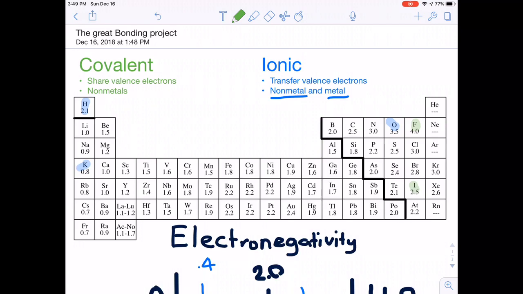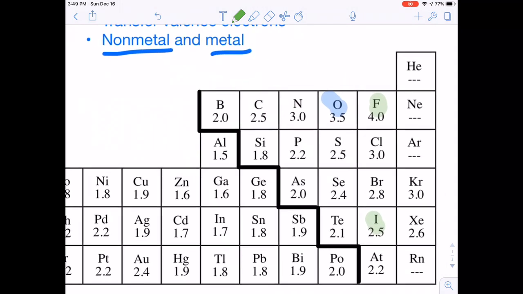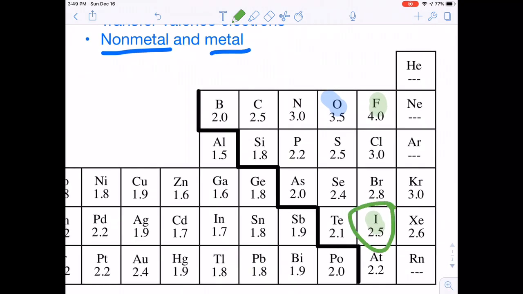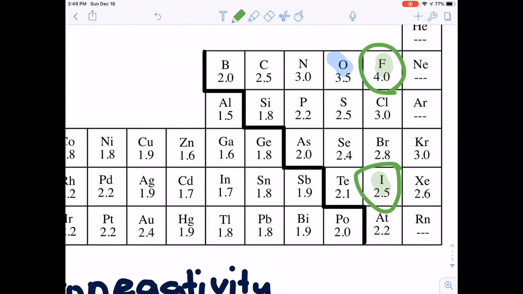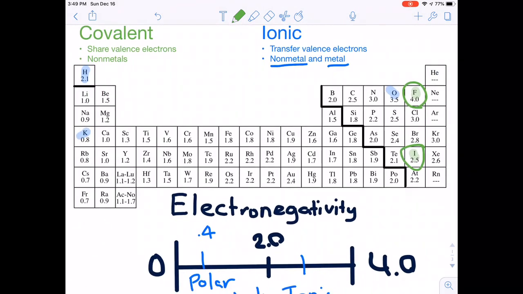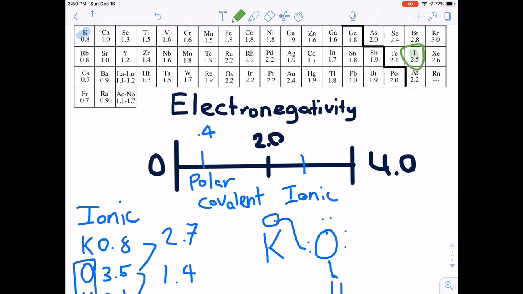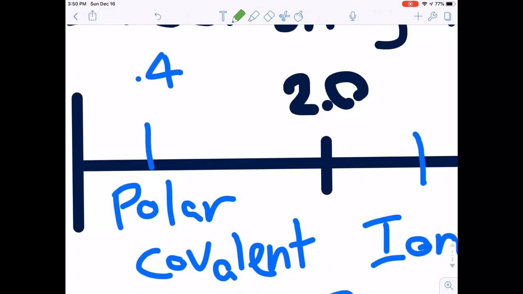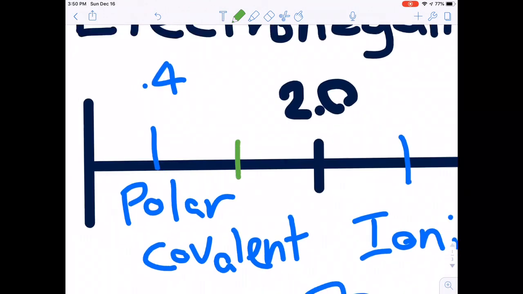So now let's find our covalent compound. So I am using IF7. So I has an electronegativity of 2.5 and F has an electronegativity of 4. So if we subtract 2.5 from 4, it will give us 1.5, which is pretty good and is in the polar covalent area.